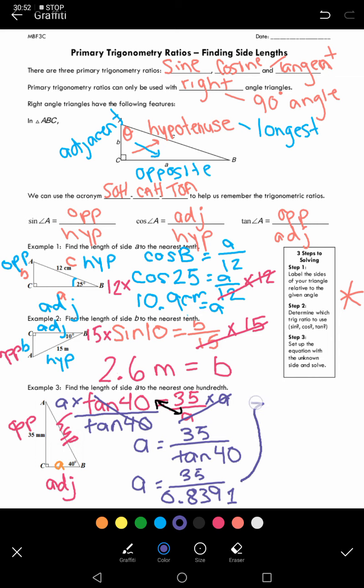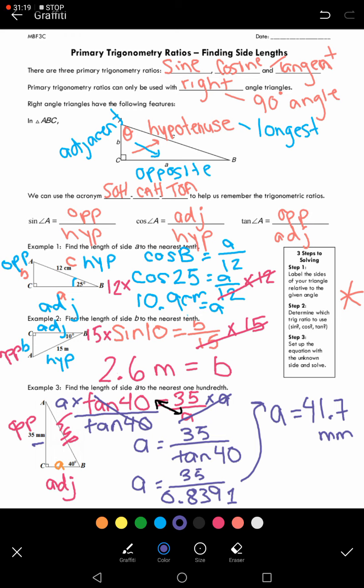You should get approximately 41.7. And this time, we're dealing with millimeters, so we want to include that in our answer. So the side length of A is 41.7 millimeters.